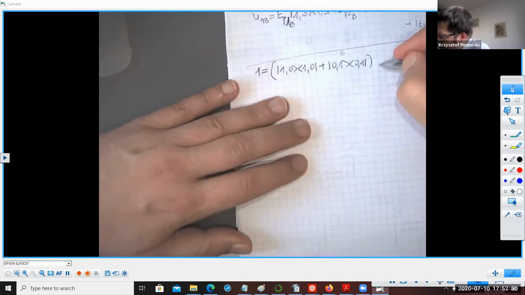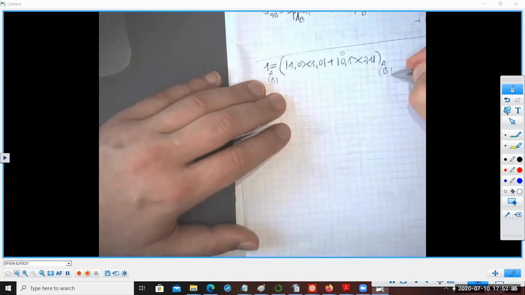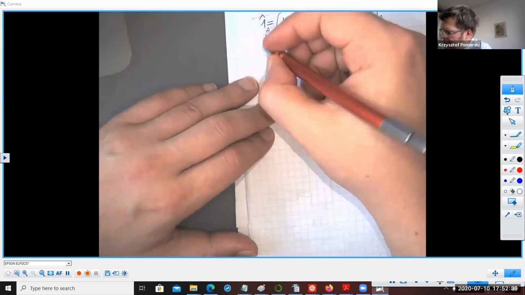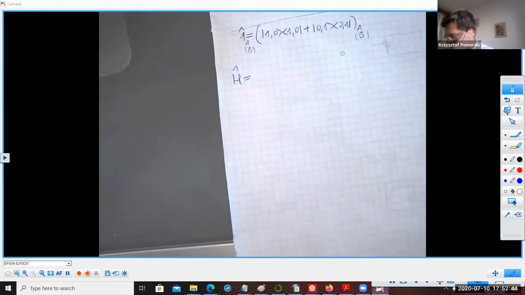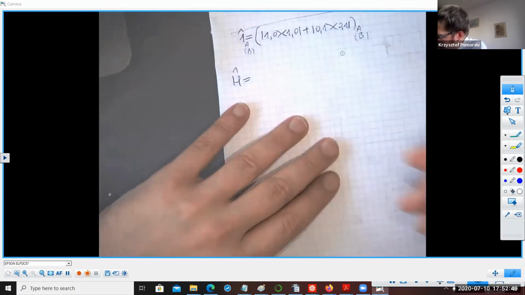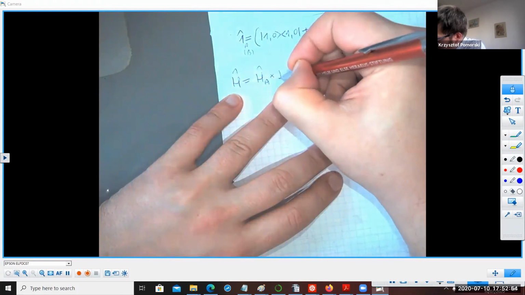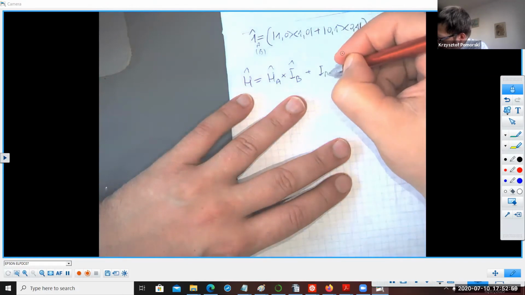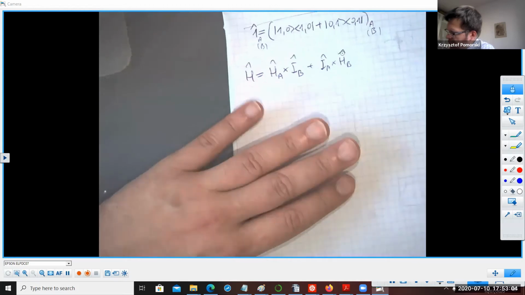And this is both for A or B. So this is the identity operator for A and for B. This is how it is. So the Hamiltonian of non-interacting electrons is nothing else than HA times the identity for B plus IA times HB. So that's how it is.